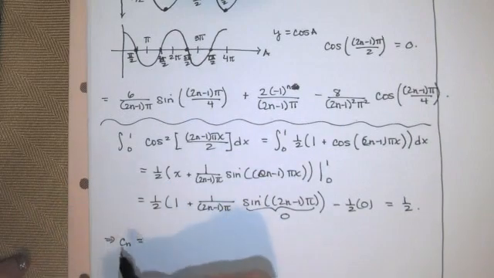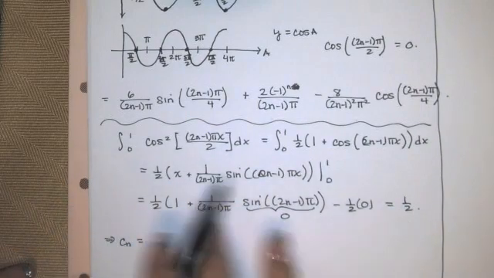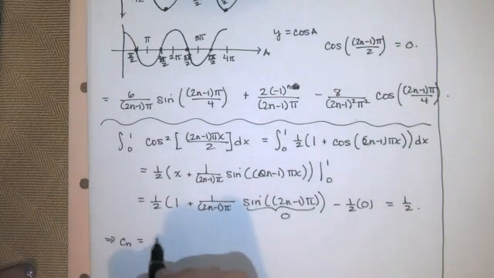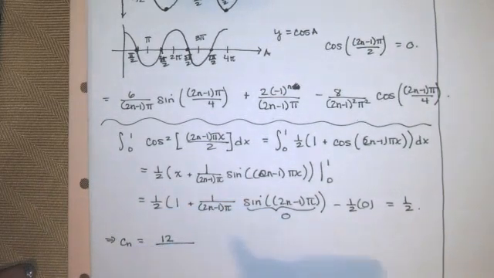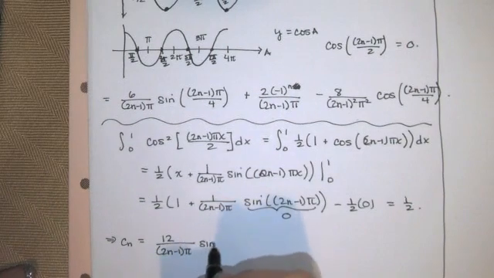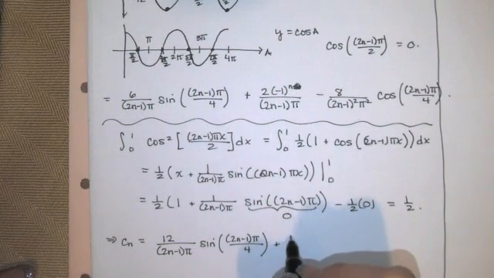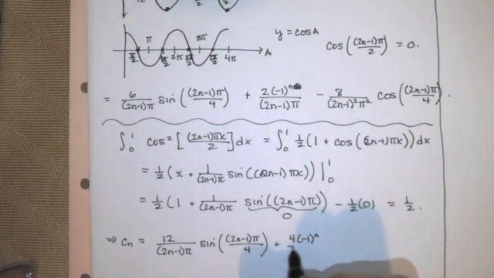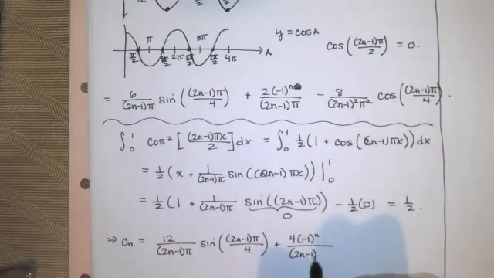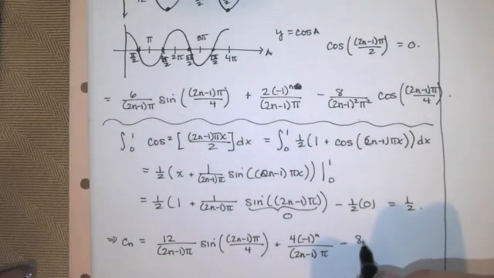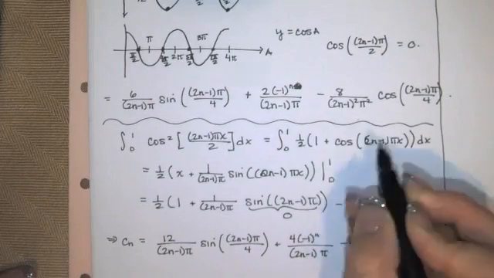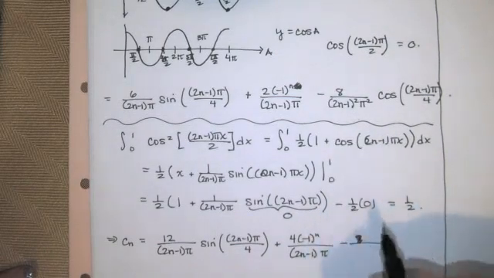I know it's a lot. Dividing by 1/2 is the same as multiplying by 2. So we'll have 12 over (2n minus 1) times pi times this sine function, plus 4 times (-1)^n over this, minus 8 times the 1/2.